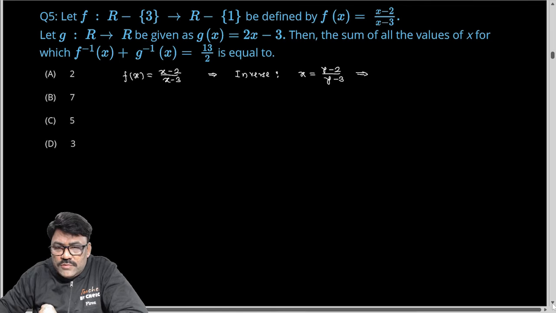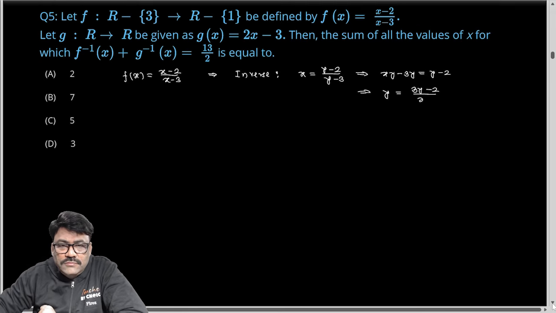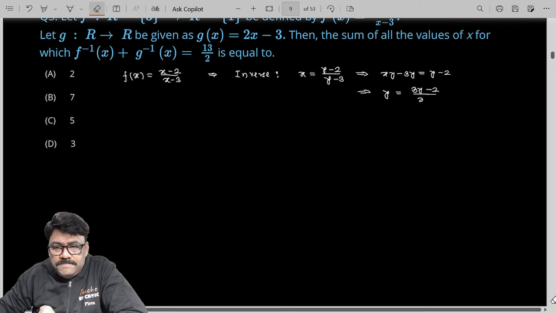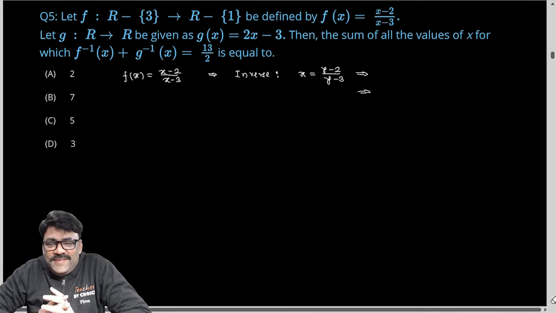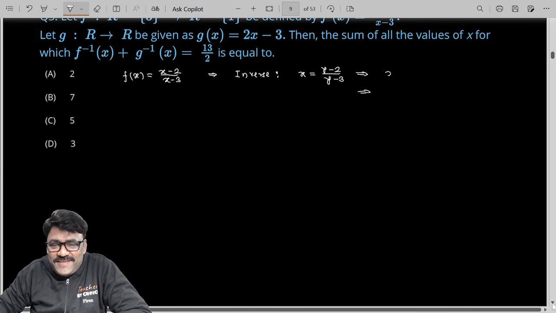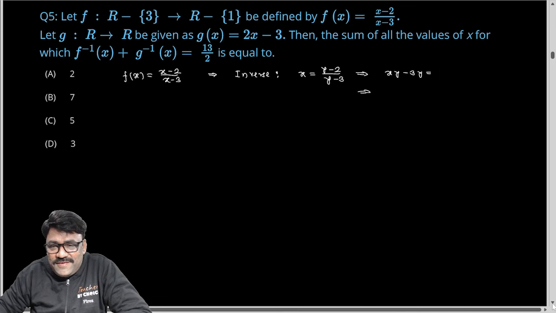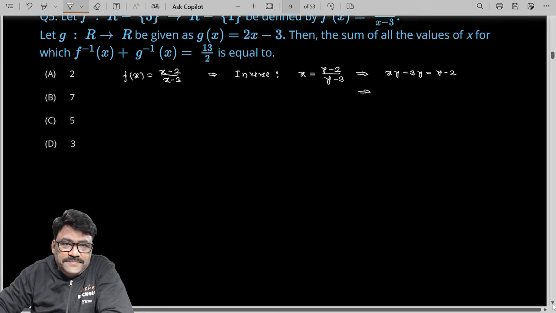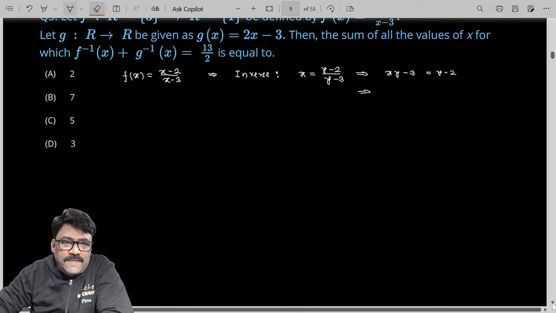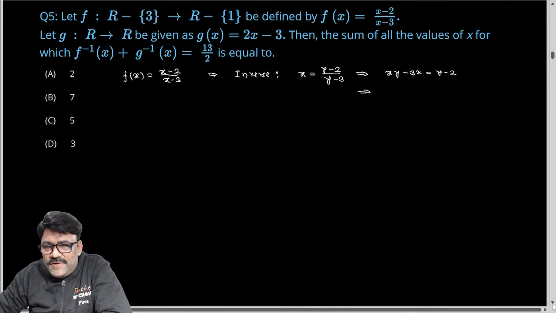So from here, xy minus 3x is y minus 2. And if I find y from here, y is f inverse x.